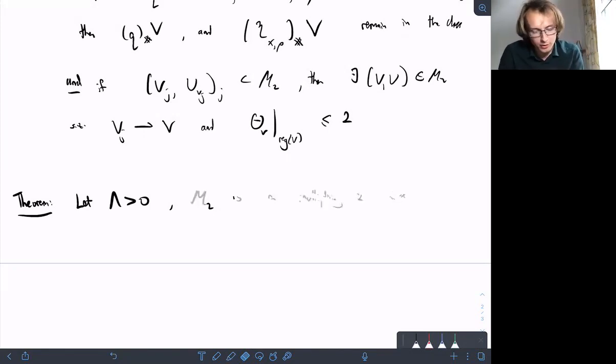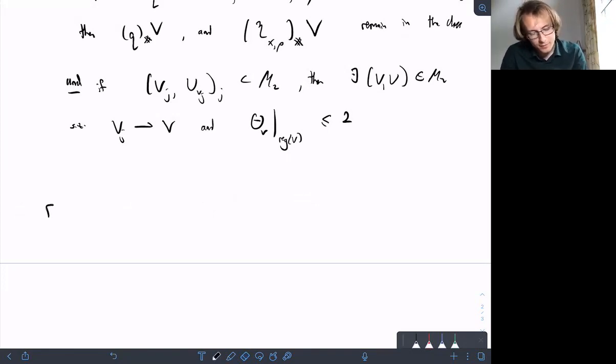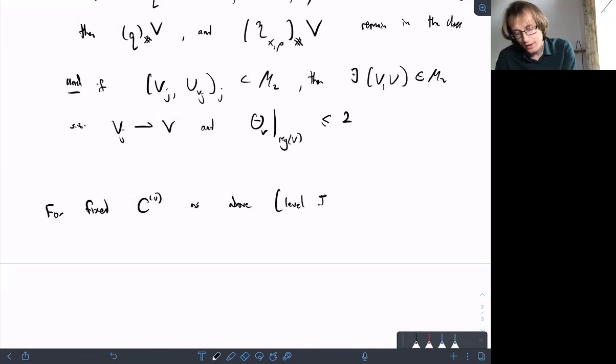Okay, let me set up some notation first. So if we fix C0 as above, so level 1, 0, level 0, 1, or 2, I is in 1, 0, 2.